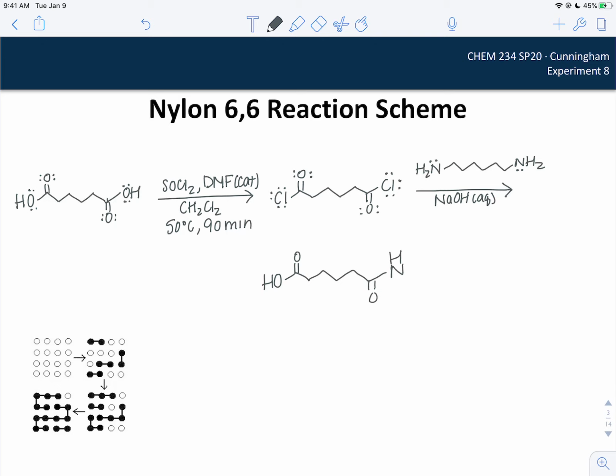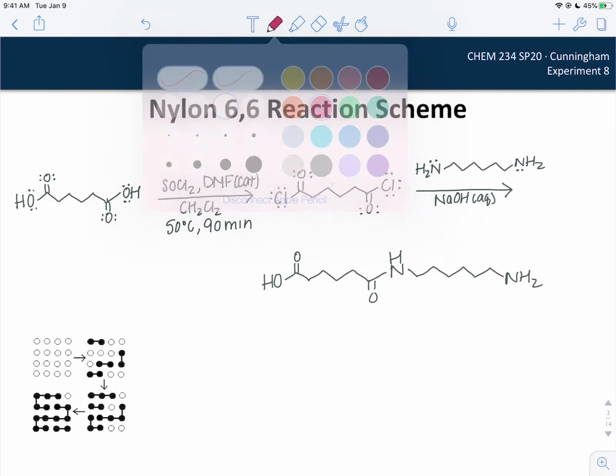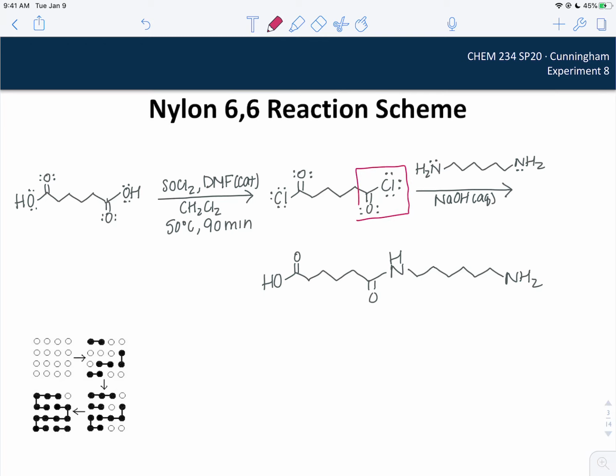Ultimately, we've formed an amide bond between what was our acid chloride here and our amine here. So now we've formed an amide. We've lost essentially HCl, so we can put that here. I'm going to put that in quotes because it's not going to be seen as HCl exactly, but essentially we've also produced HCl in this reaction.